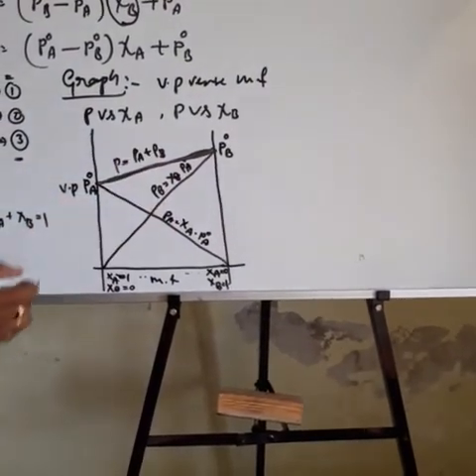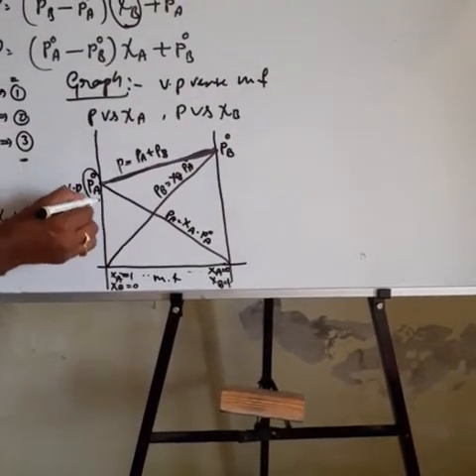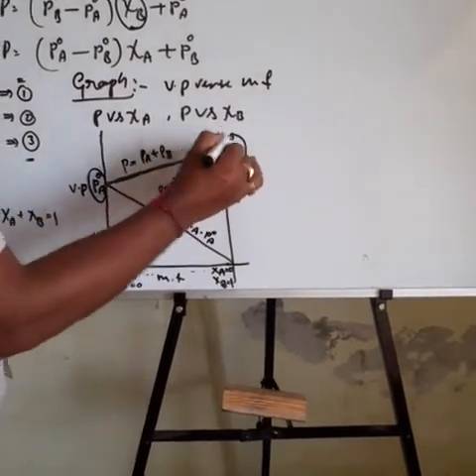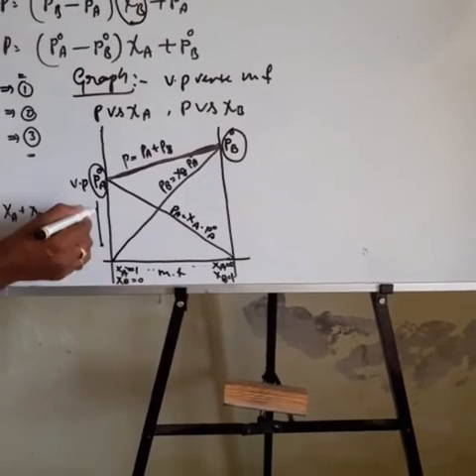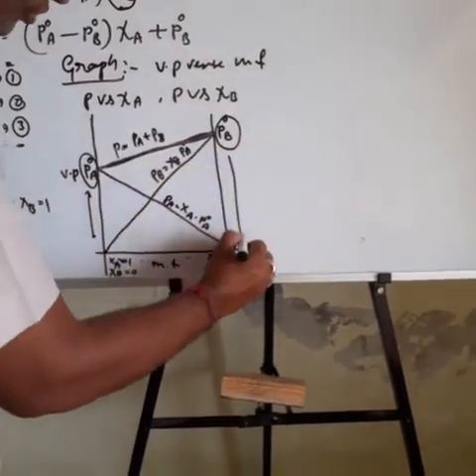So in this graph, P naught A is less and P naught B is more, meaning the vapor pressure of the solute is less and the vapor pressure of the solvent is more.